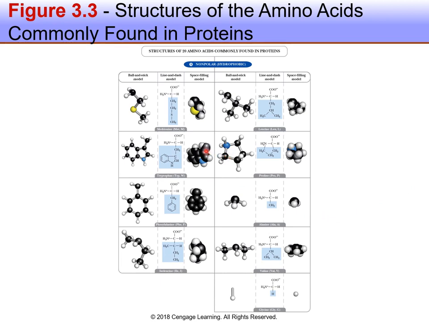This figure shows you the structures of the commonly found amino acids. These are the 9 amino acids that we mentioned.